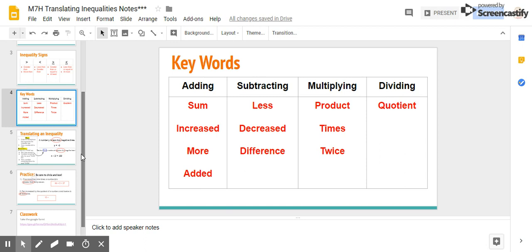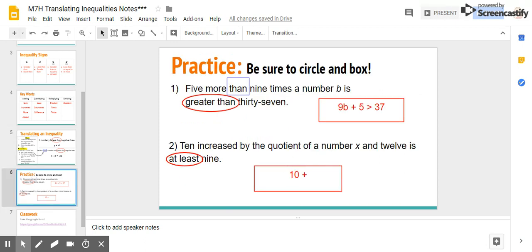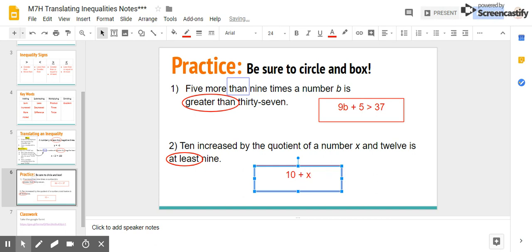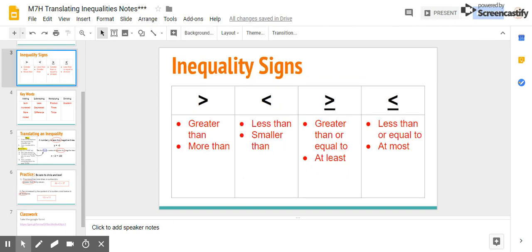Increased means adding. Increased by the quotient of a number x and 12. Quotient means division. They said a number x first, that goes on top, and 12, they said second, that goes on bottom, is at least 9. What was my at least symbol again? It's greater than or equal to.